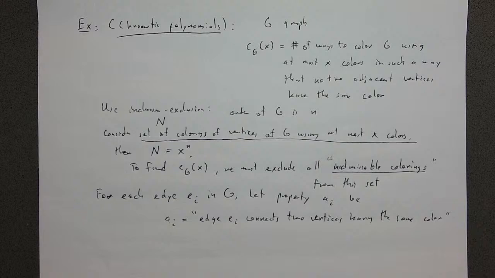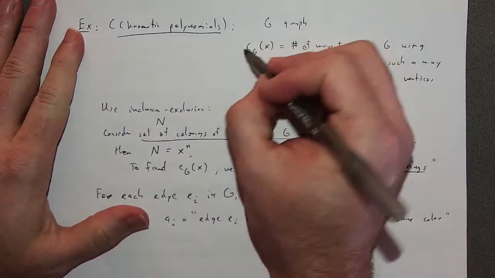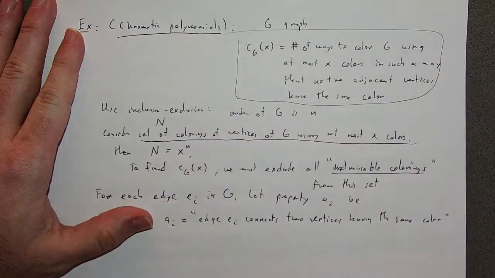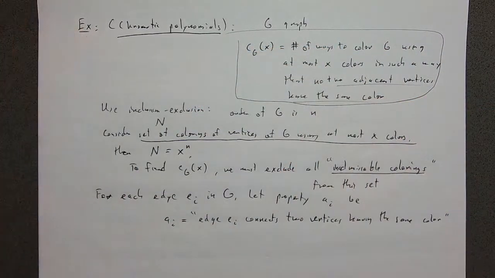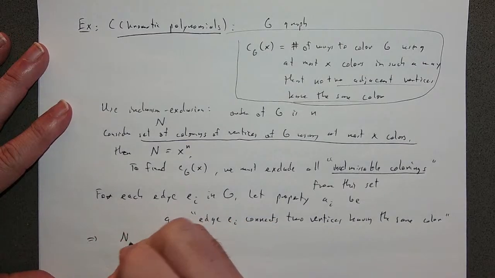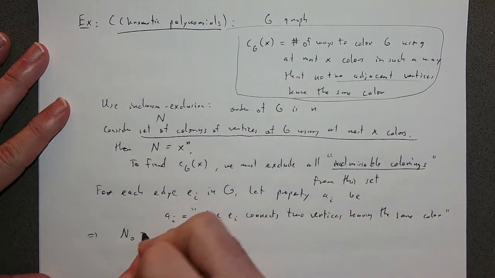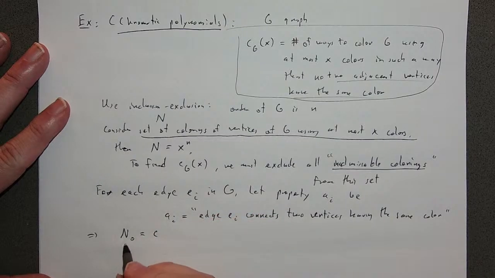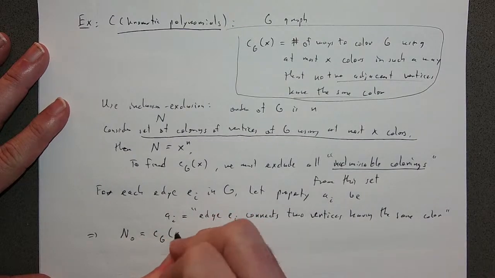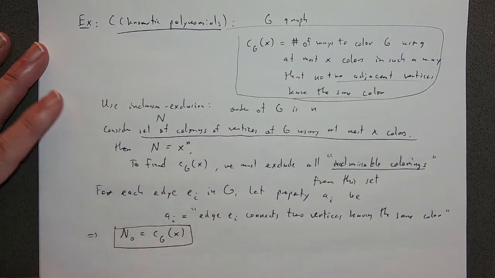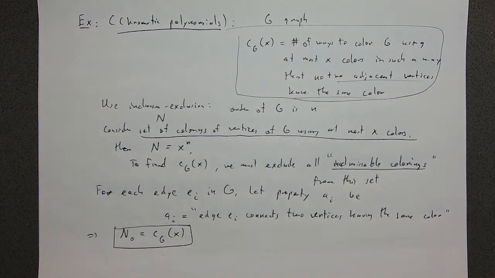It would be a proper coloring, which is exactly the thing I'm trying to count with the chromatic polynomial, right? So no adjacent vertices have the same color. So an object that satisfies none of these properties is one that is not an inadmissible coloring. It's a proper coloring. Okay. So, saying what I just said in words is to say that the number of objects satisfying none of these properties is exactly the chromatic polynomial of G.